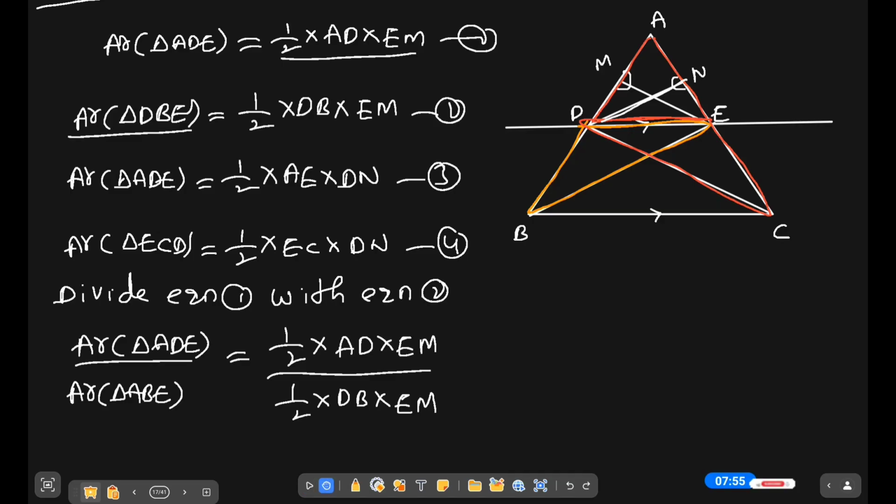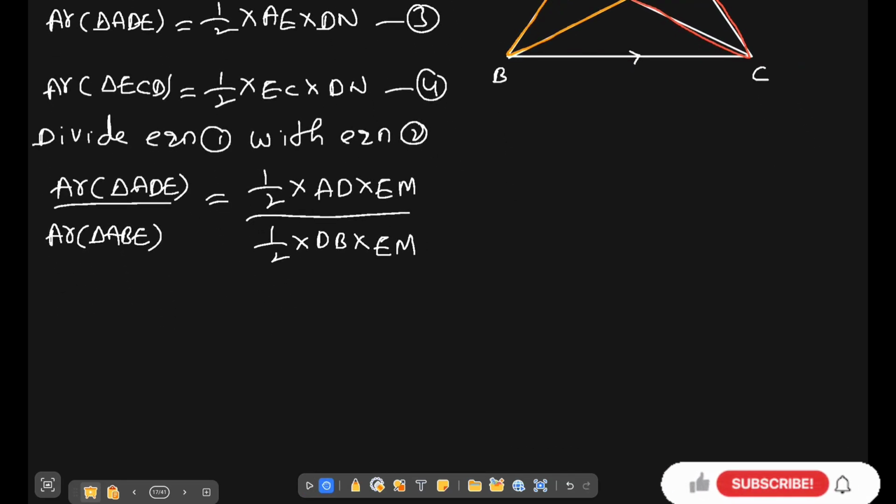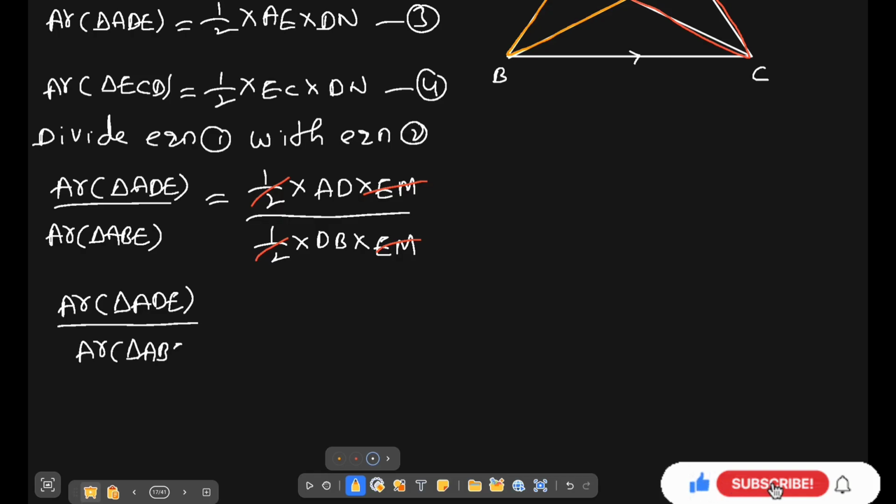Let's cancel the possible terms: half gets cancelled, EM gets cancelled. So area of triangle ADE by area of triangle DBE is equal to AD by DB. Let this be equation 5.